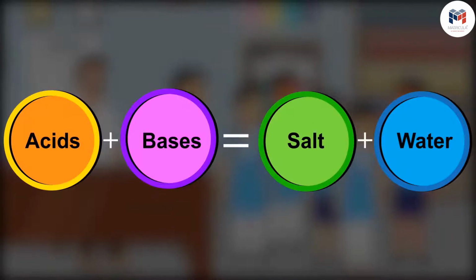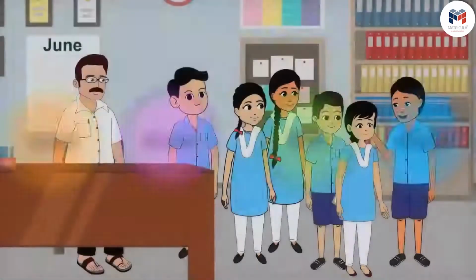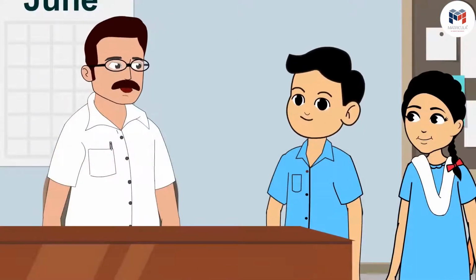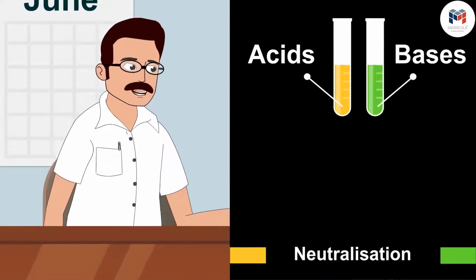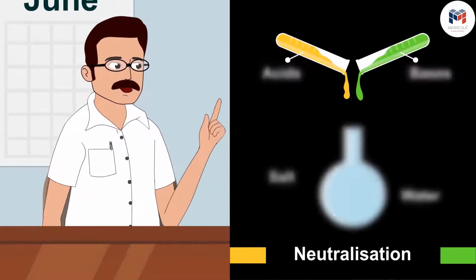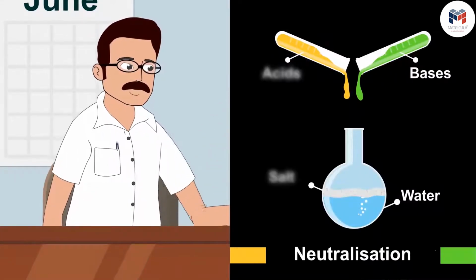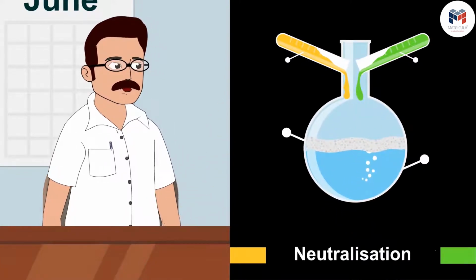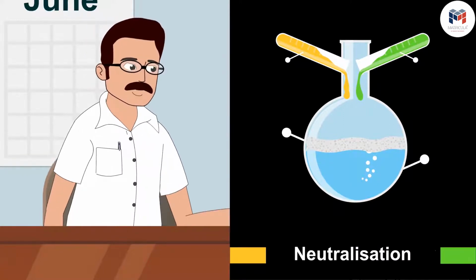When acids and bases mix, then salt and water is produced. Did sir not mention this in the class day before yesterday? Mohan is right. Both acids and bases nullify each other's effect. Salt and water are formed. This is called neutralization. In this case, baking soda nullified the effect of the acid produced by the sting.